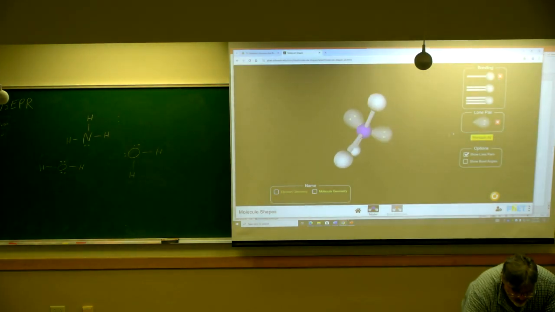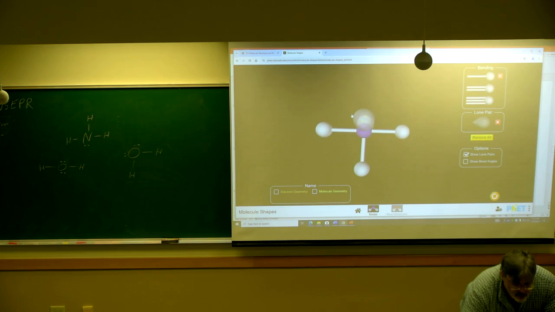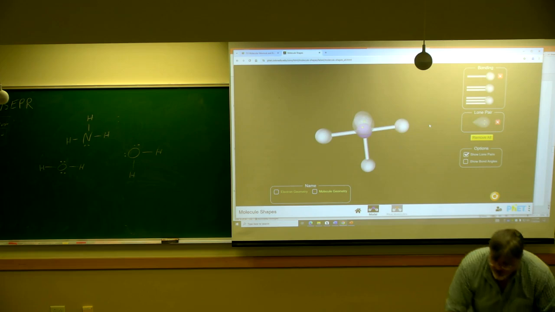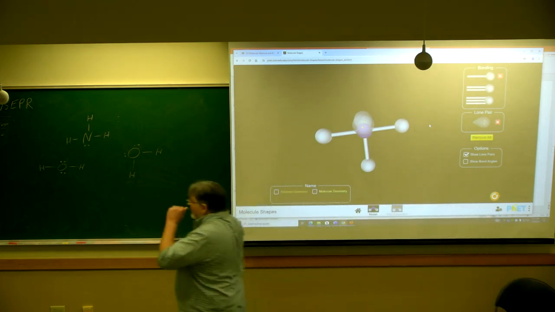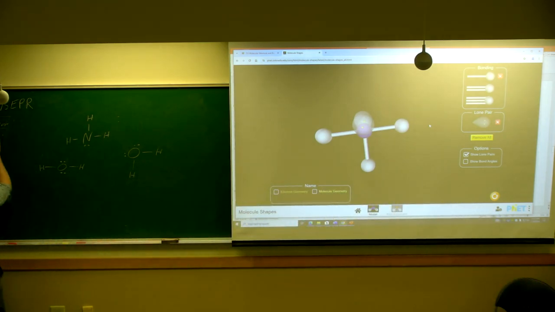If you have this, still 5 things around it, but 2 of them are pairs of electrons. You see why that's called T-shaped. If you try to ignore that pair of electrons, even though it's still trigonal bipyramidal, you ignore that pair of electrons, and you would say T-shaped here.